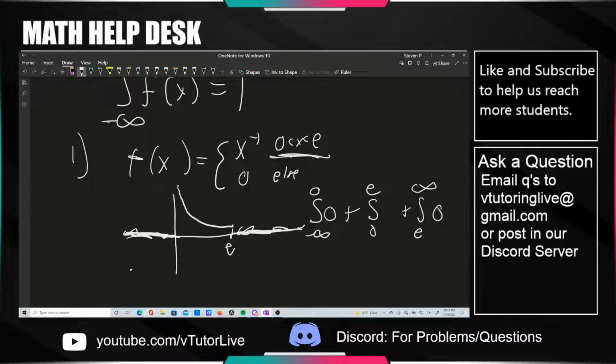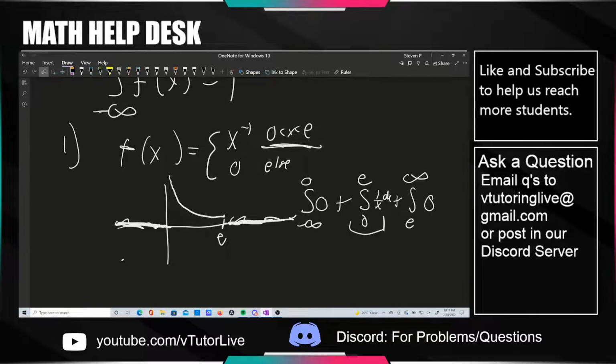The stuff here is just 0, and the stuff over here is 1 over x. So this is the only integral you need to care about. Go ahead and integrate that and see if you get 1.